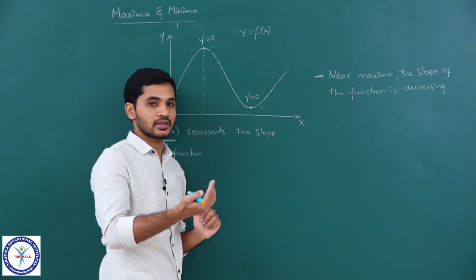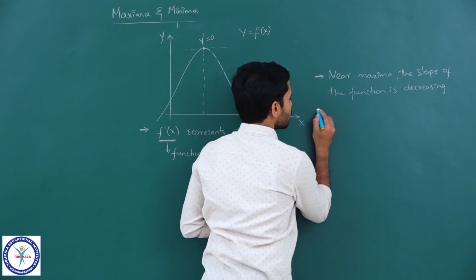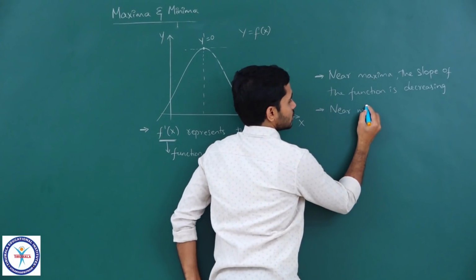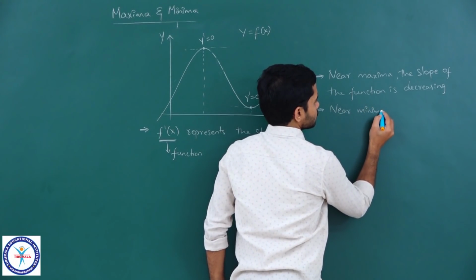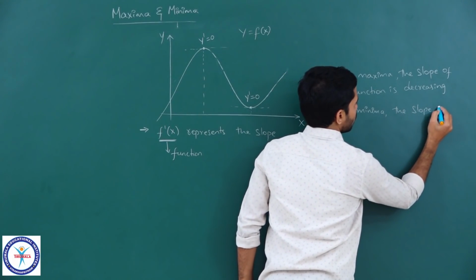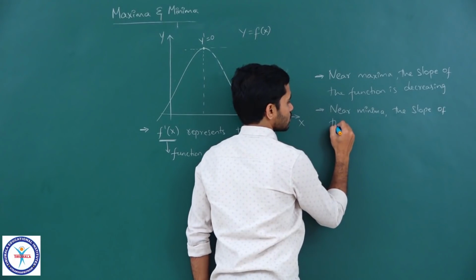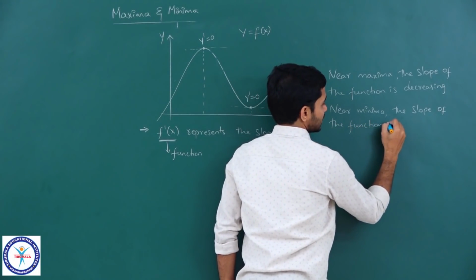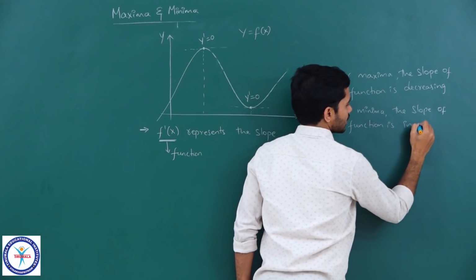It is increasing, right. So, let me write that down as well. Near minima, the slope of the function is increasing.